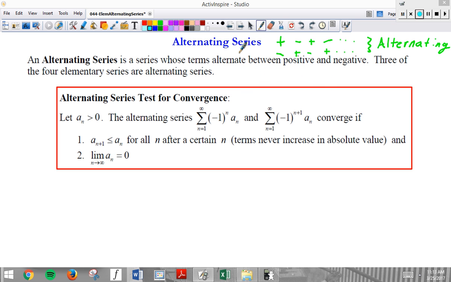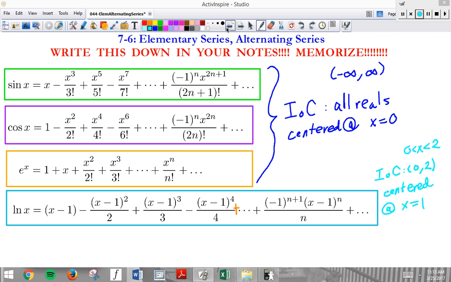Three of the four elementary series are alternating. Which one of these are alternating? You should have said cosine, sine, and natural log. See how it goes positive, negative, positive, negative? Same, same. Always positive, not alternating.